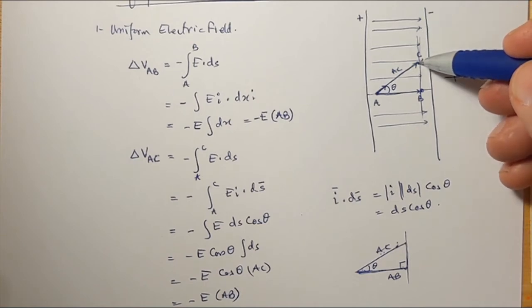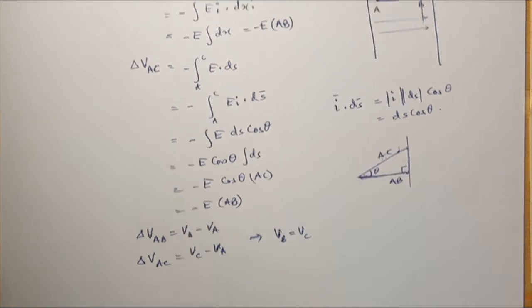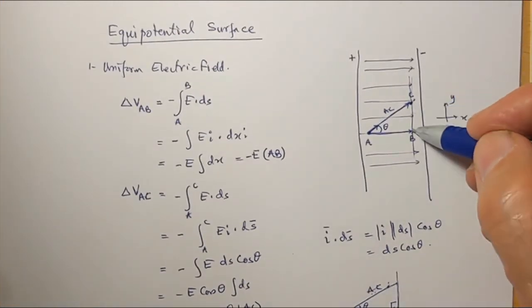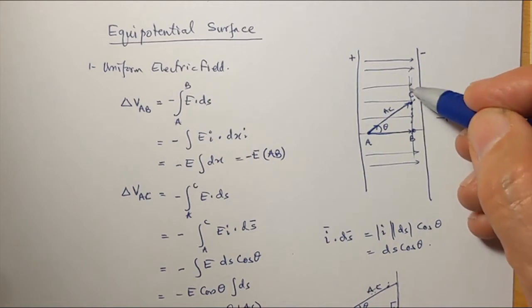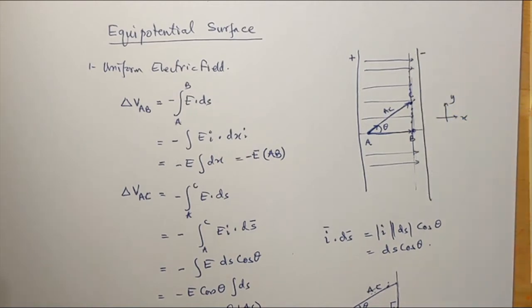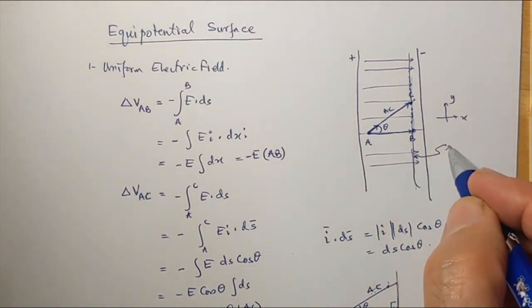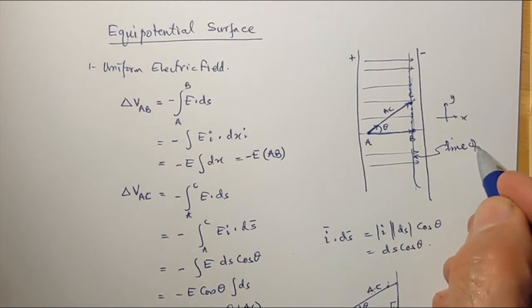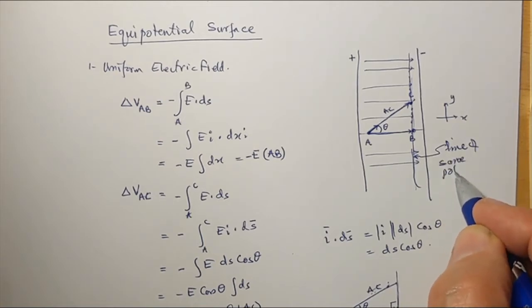So the electric potential at C and B are equal, which means that it's the same here, and we can move the point C anywhere along this line, which means that along this entire line the electric potential is constant, and that becomes a line of constant potential or same potential.